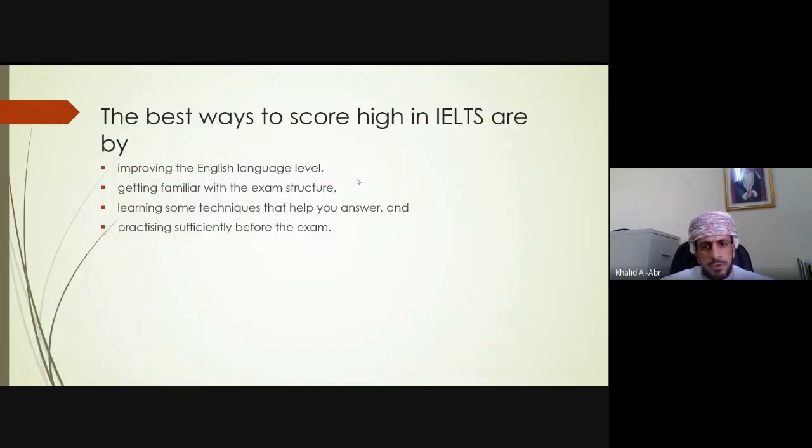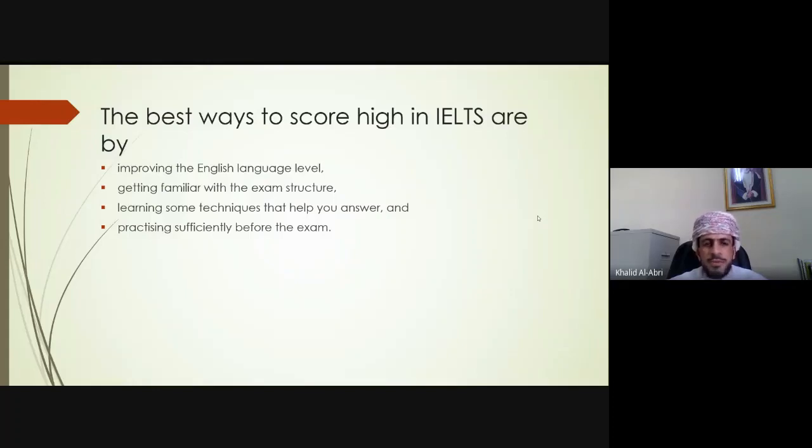And of course, in order to score high or to get a good score in IELTS, it's not something that can be obtained by coincidence. Some students, from my contact with the students who come and register for the IELTS exam, will say, we just want to try, in order to see our level in the IELTS exam.